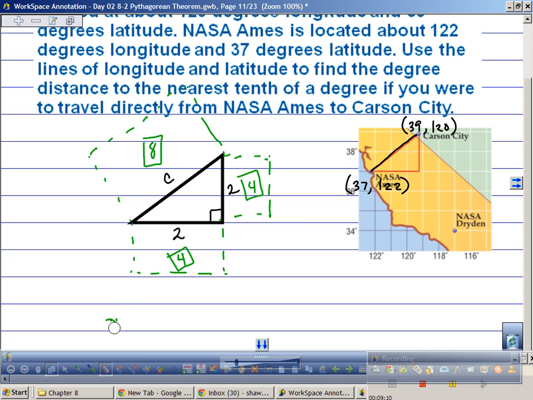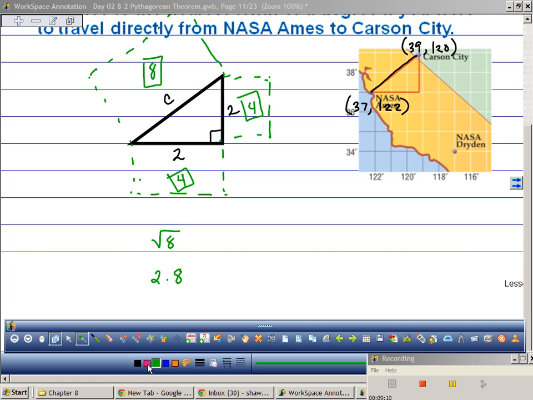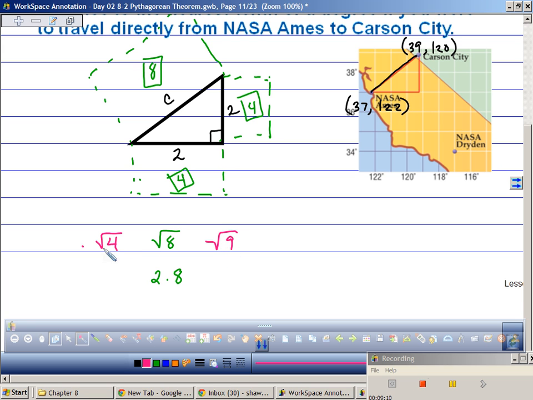Okay, when I find square roots, guys, I really like to estimate. 2.8. Is that what it is? 2 and 8 tenths? What square do I have that's below 8? 4. And what square do I have that's above? 9. And the square root of 4 is 2.